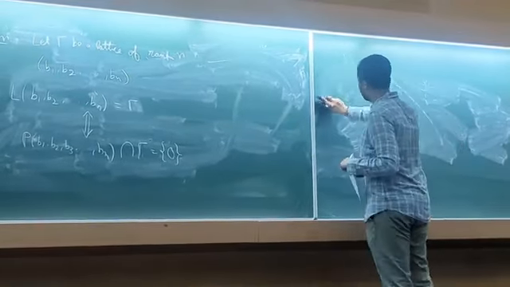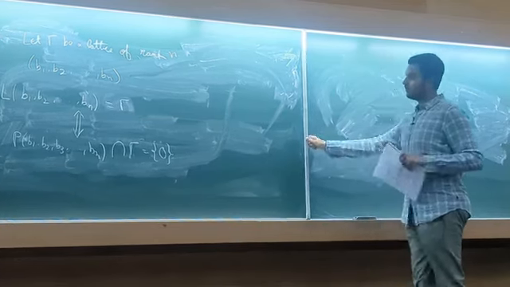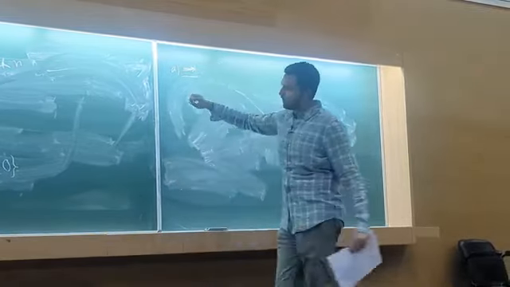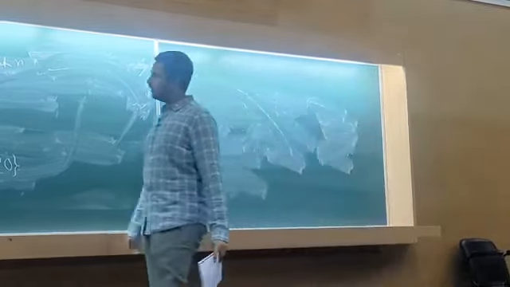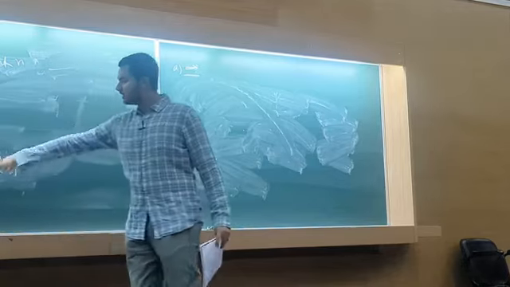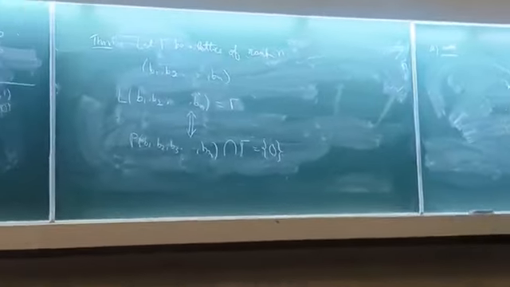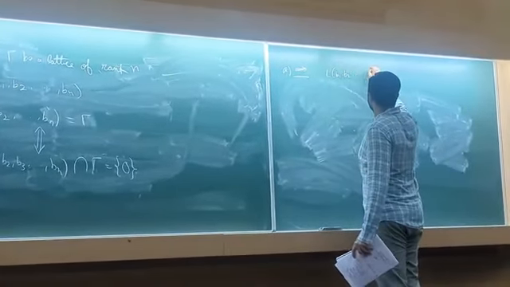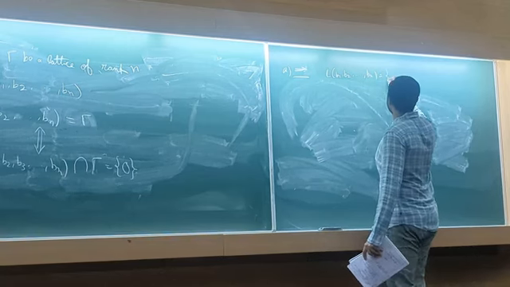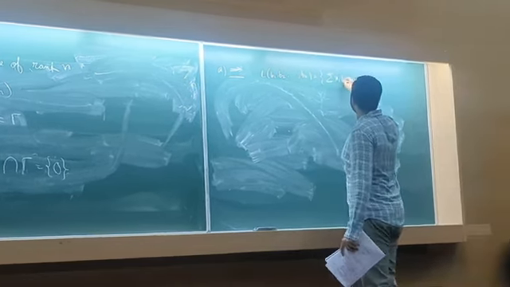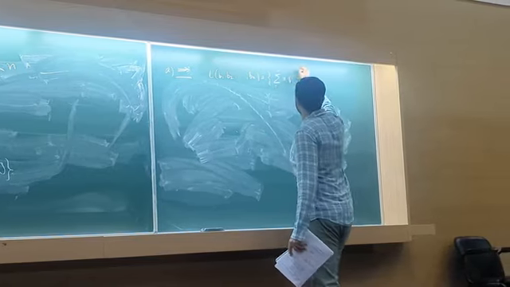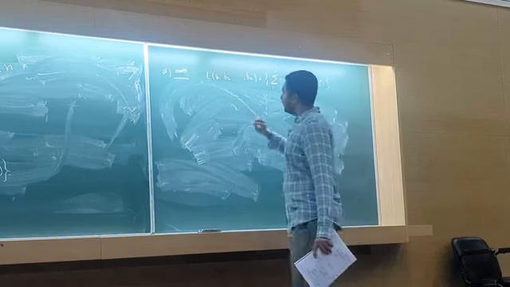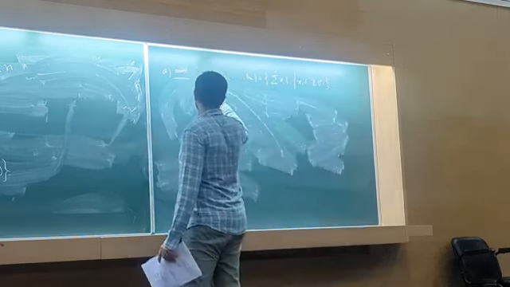Okay, so we'll go step by step. Let's do the first part, that's the easy one, the left to right implication. Suppose I tell you that this is gamma. Now I want to show that this intersection is 0. So what is the lattice? L of b1 to bn is a set of integer linear combinations. And what is the parallelepiped?